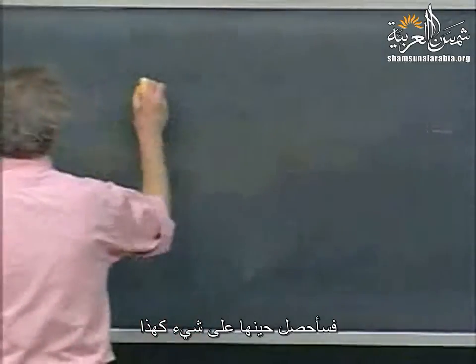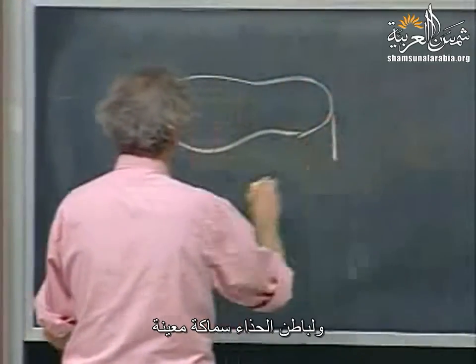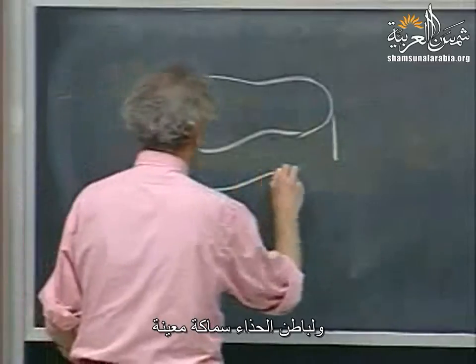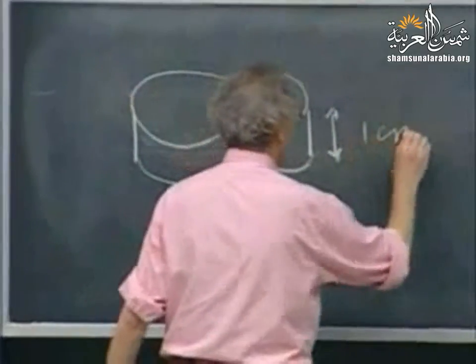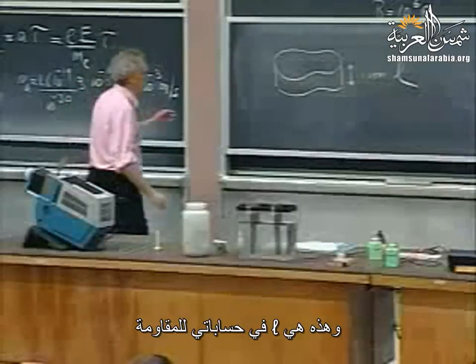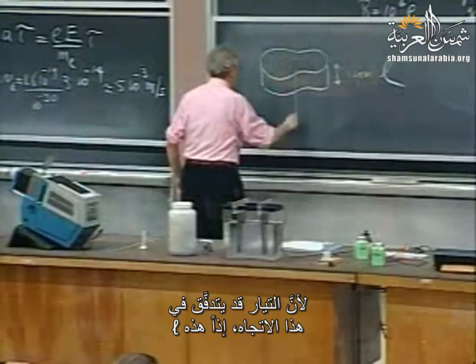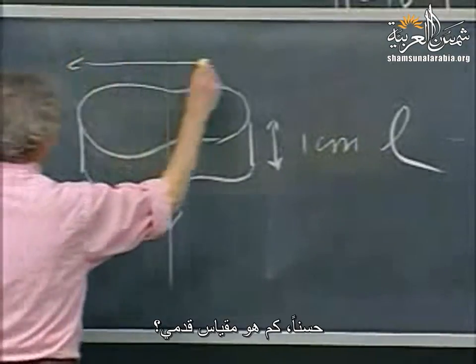But if you look at my soles, then you get something like this. And it has a certain thickness, maybe 1 centimeter. This now is L in my calculation for the resistance, because current may flow in this direction. So that's L. Well, how large is my foot?